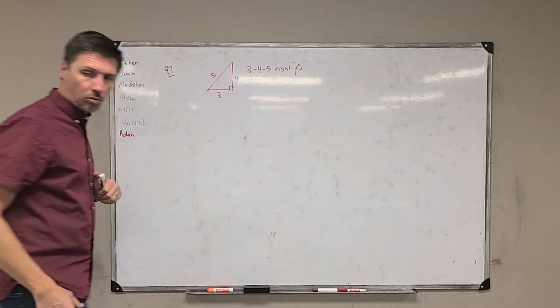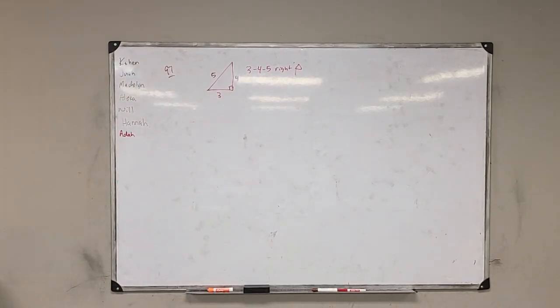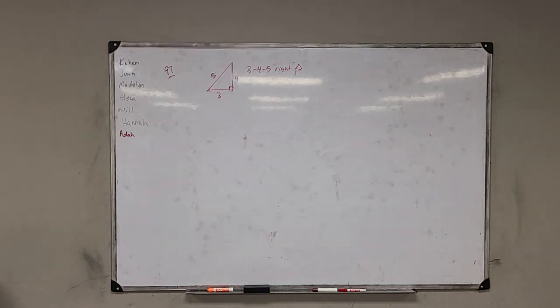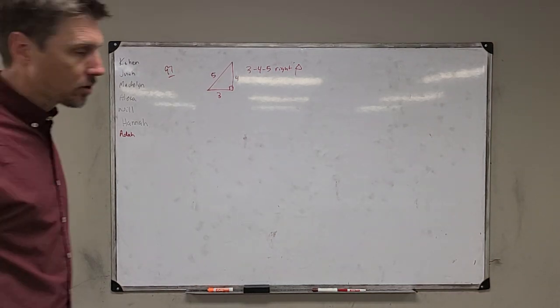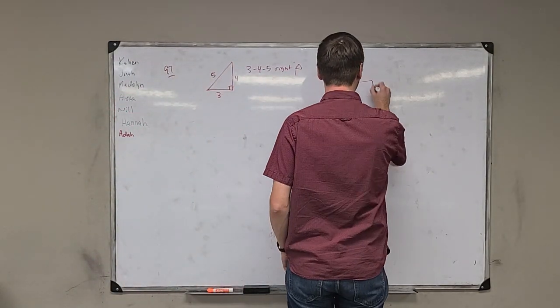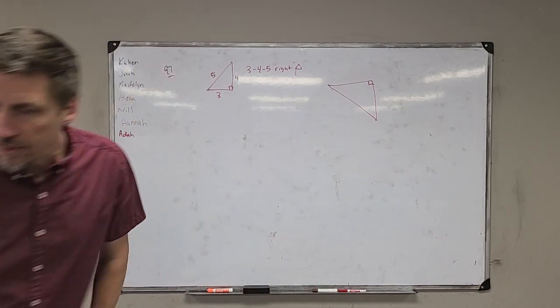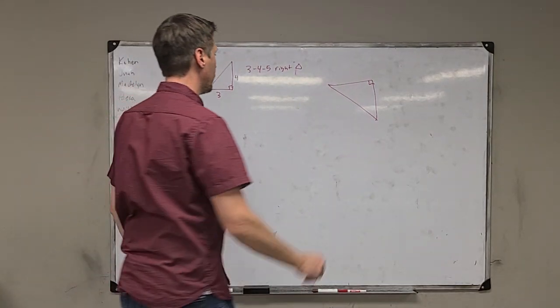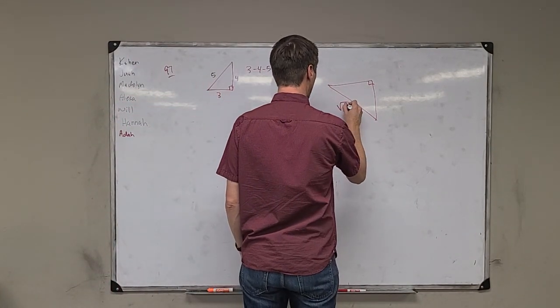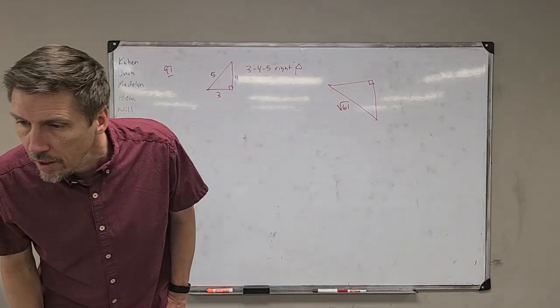All right, let's do one more of these, because it is so important, and I don't want you to not be able to do these. This one's a little more complicated, but if you understand how to use the theorem, it's not hard. So we have this right triangle, and this value here is the square root of 61.